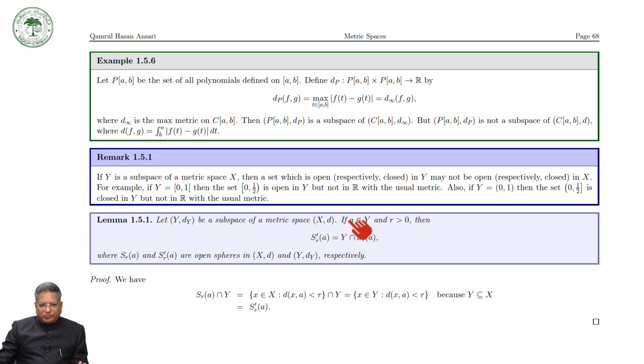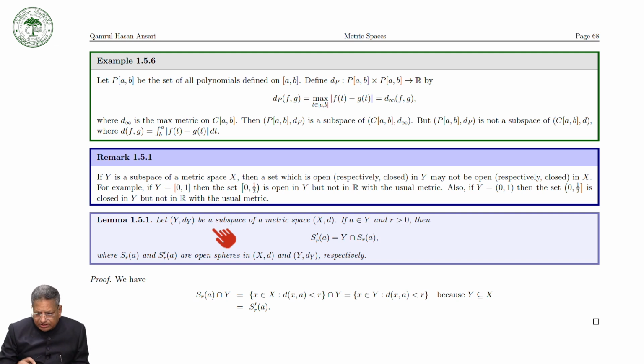If a is any point in Y and r is greater than 0, then the open ball with center at a and radius r in the subspace Y is equal to Y intersection the open ball with center a and radius r with respect to the metric d on X. So that is the way we can see the open ball in Y.